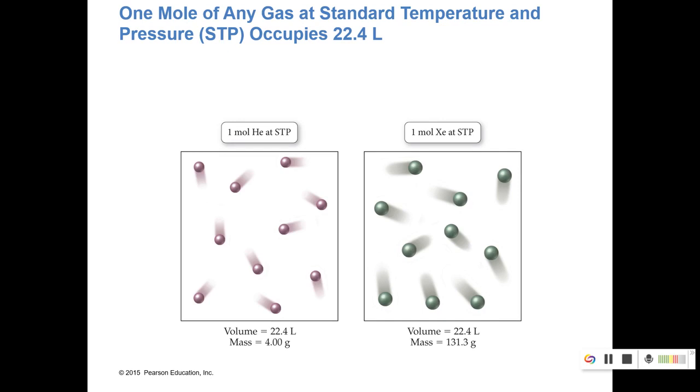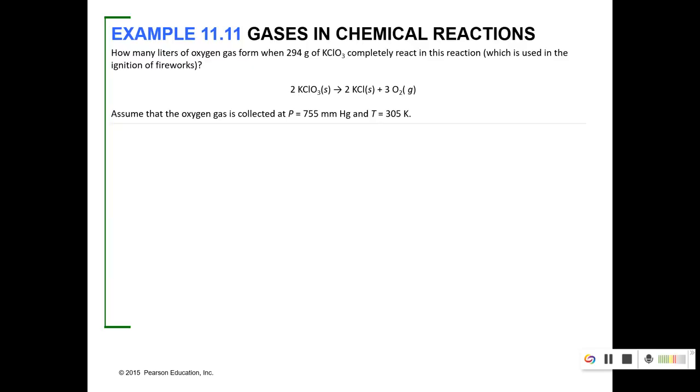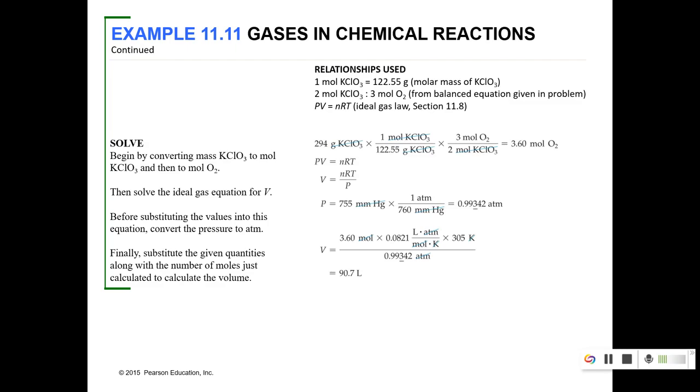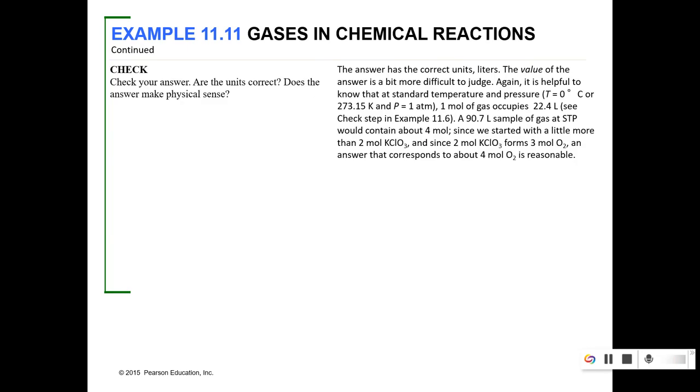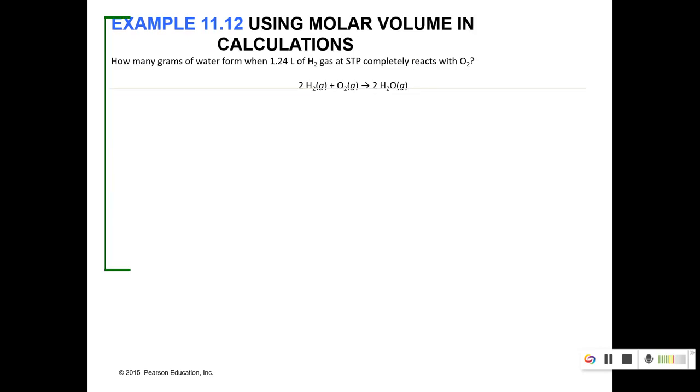So the volume is directly related to moles, not to mass. Remember, mass is dependent on the periodic table. Here, that's the problem I worked earlier. 90.7 is what we got. Okay, let's do this one at STP. How many grams of water are formed when 1.24 liters times 22.4 liters over 1 mole?